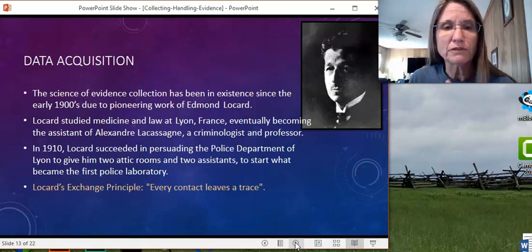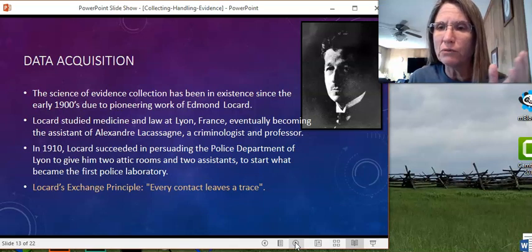This has become known as Locard's exchange principle. It is the foundation behind all digital forensics, that no one can do anything without leaving behind a hint of some kind.